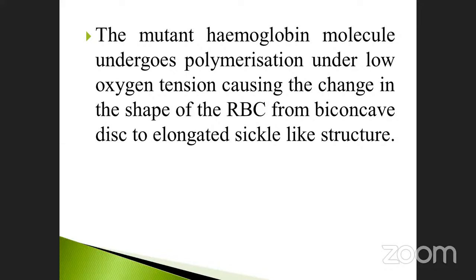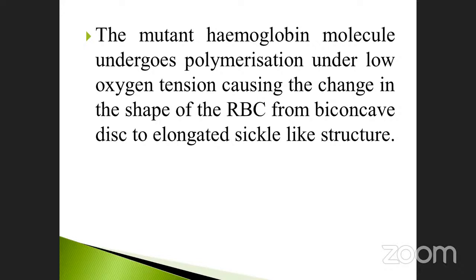That's why they have 4 chains, 2 alpha, 2 beta. So each hemoglobin molecule has 2 alpha chains, 2 beta chains. At the same time, they are carrying 4 oxygen molecules. See here, as a result of the change in the mutant, under oxygen tension, the shape of the RBC changes from a biconcave disc to an elongated sickle-like structure.